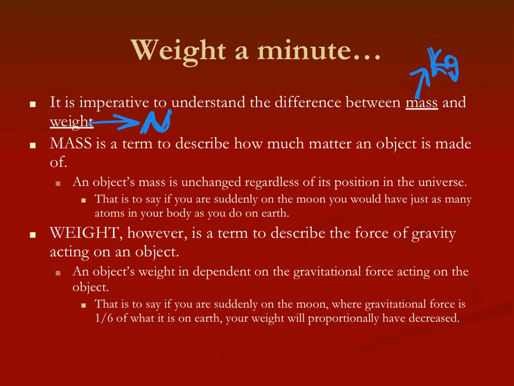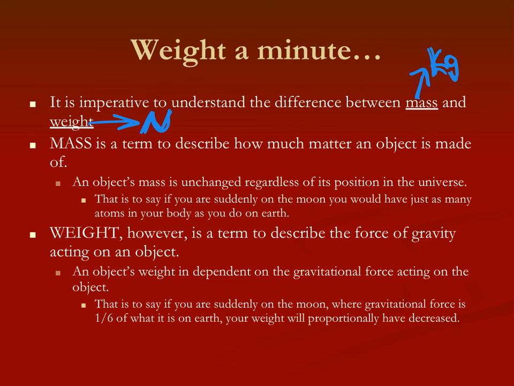And so if we were to stand on the surface of the Earth and then somehow instantaneously, magically be transported to the surface of the moon, in both situations, your mass is the exact same. You have a mass of maybe 75 kilograms, right? Because there's 75 kilograms worth of matter, of material, of atoms that make up your body.